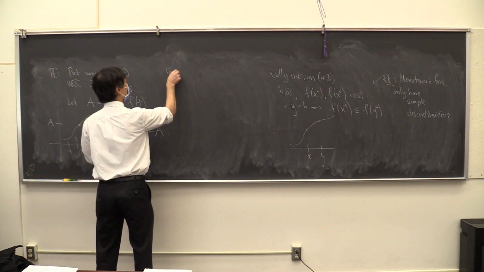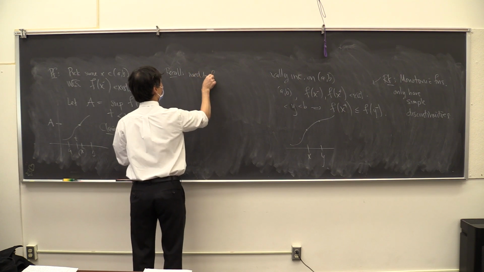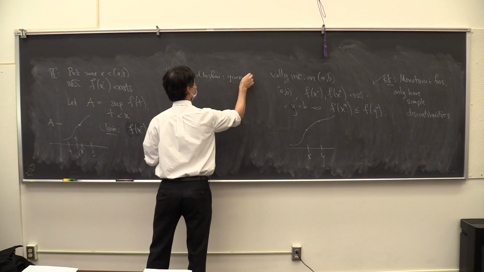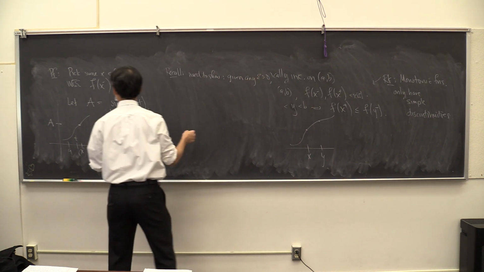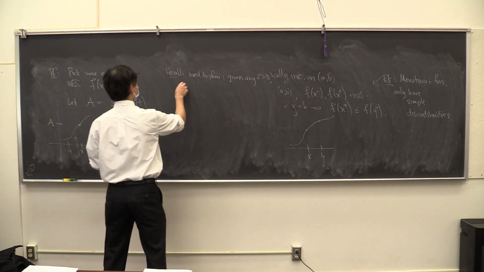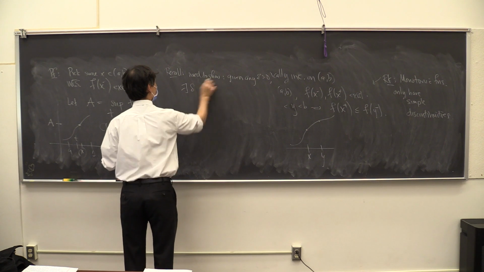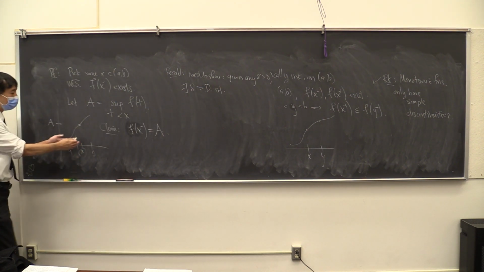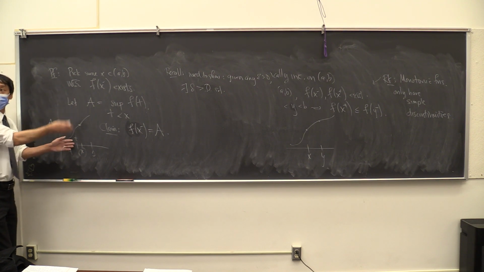Recall, we need to show that given any epsilon, there exists a delta such that there's a left-handed interval here in which all values are within epsilon.